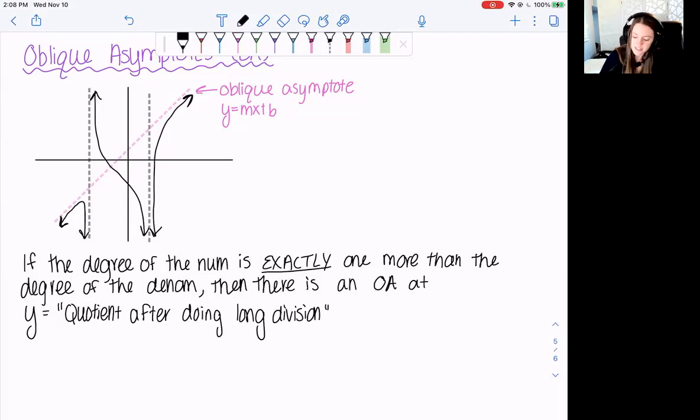If the degree of the numerator is exactly one more than the degree of the denominator, then there's an oblique asymptote at y equals the quotient after doing long division.